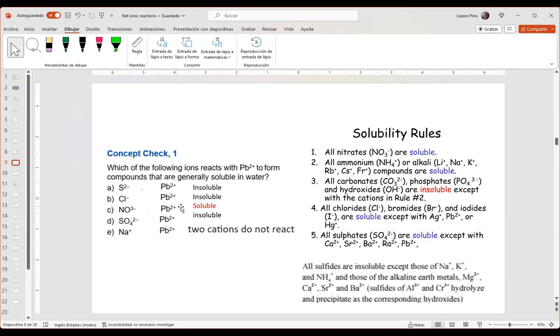Chloride, all chlorides are soluble except for, look, lead-2 is in this group. Then this compound is insoluble. Nitrate, all nitrates are soluble. This is the compound that is soluble. You can see that this combination also produced an insoluble compound, and here two cations, there is no reaction at all.